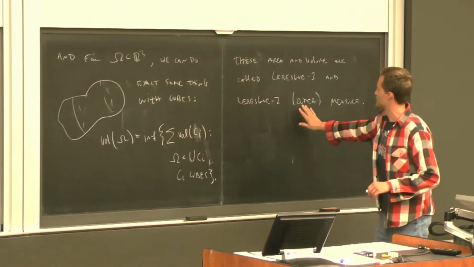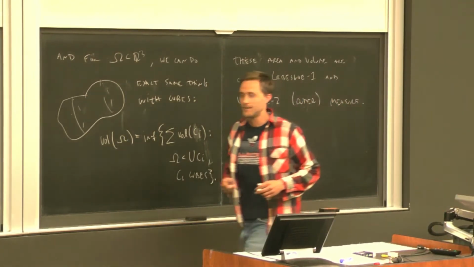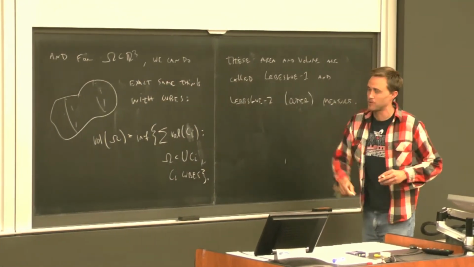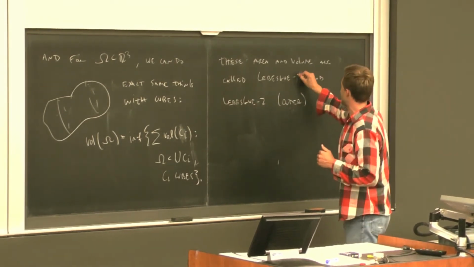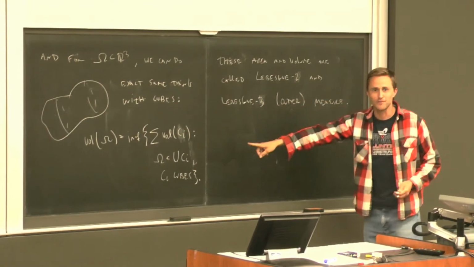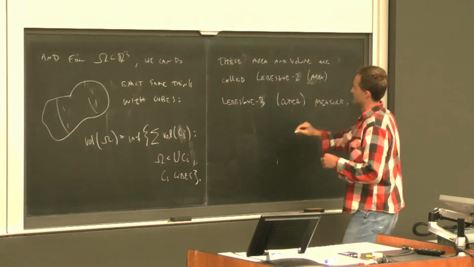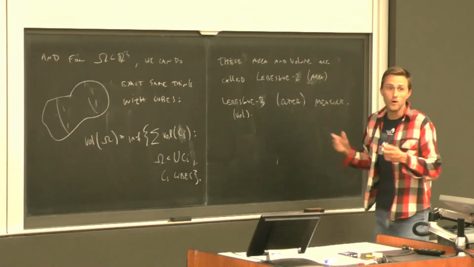And this is just in case you've ever heard of Lebesgue measure. This is exactly what Lebesgue measure is. Sorry, this is Lebesgue 2 and Lebesgue 3. Lebesgue 2 was area and Lebesgue 3 was volume. And so Lebesgue 1 is length.